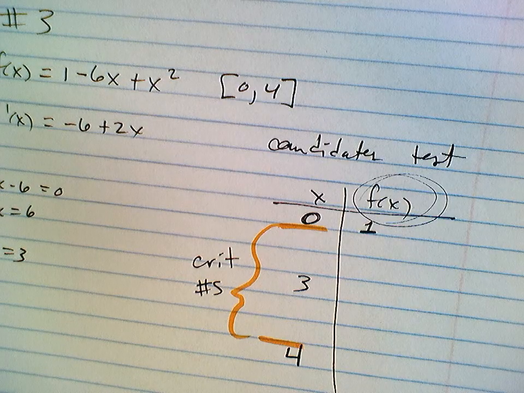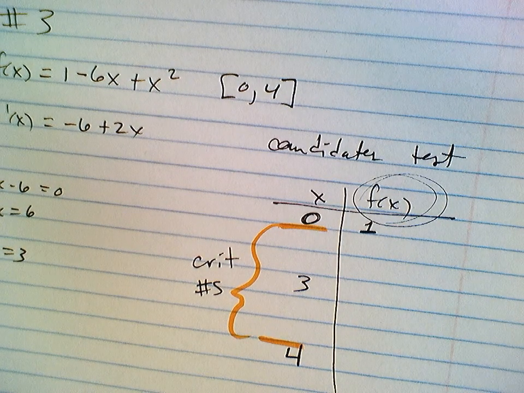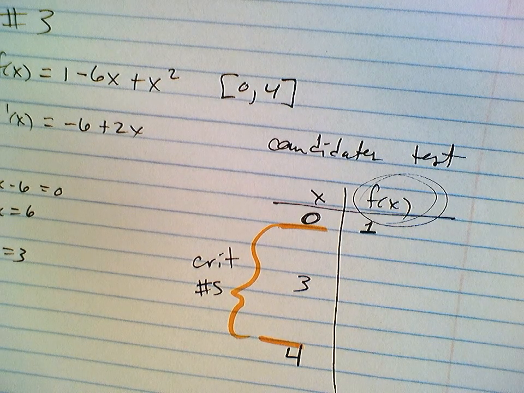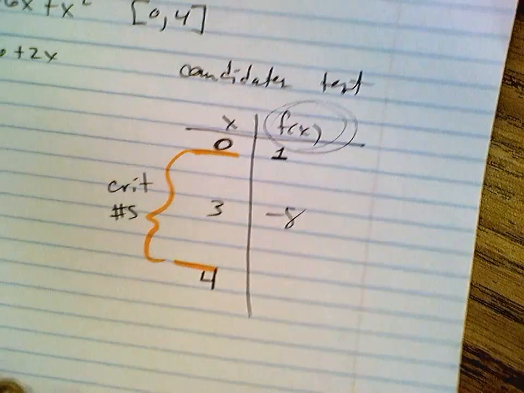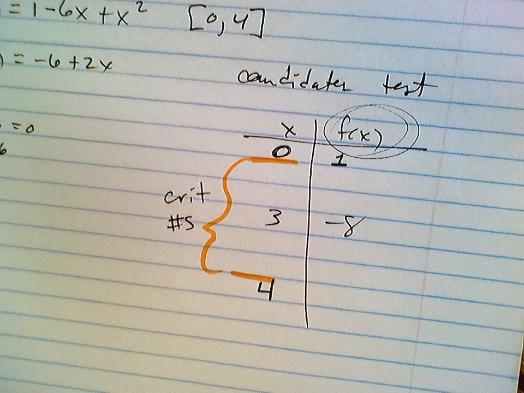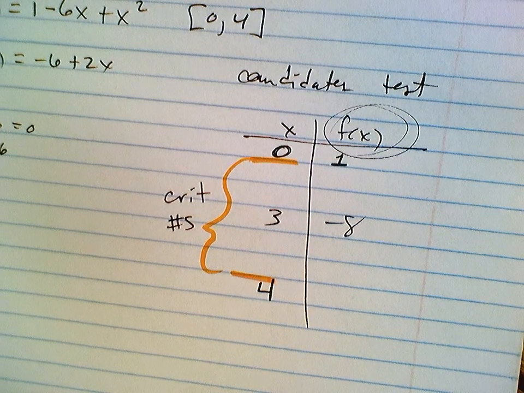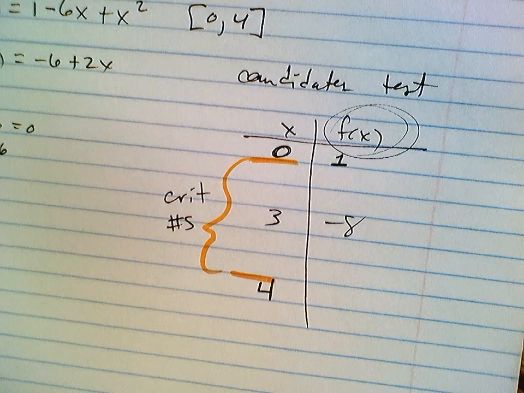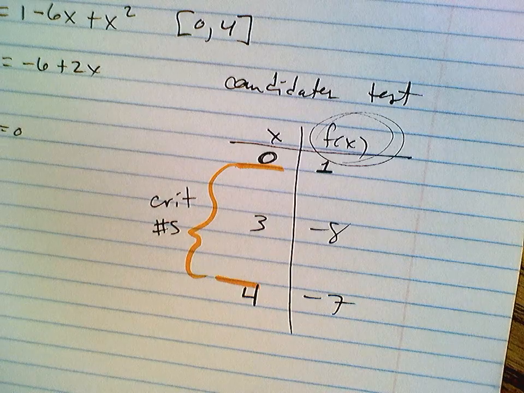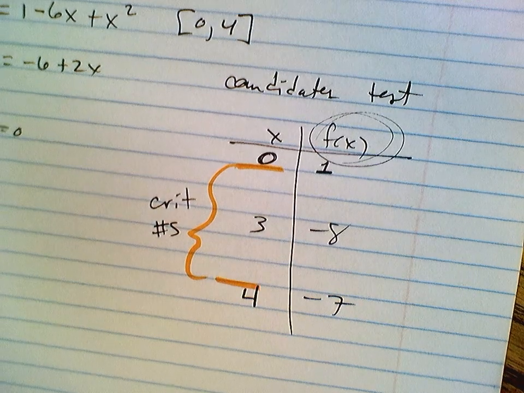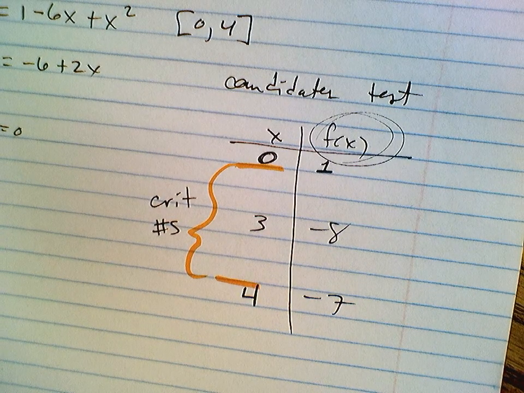Okay, I plug 3 in. 1 minus 6 times 3 plus 3 squared. -8, and then 4, and then that's -7. And then you look for the highest y value, and that's the absolute max.